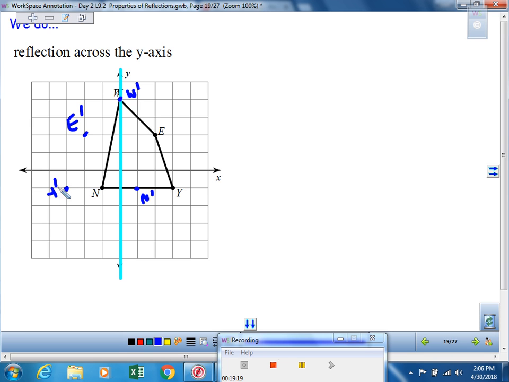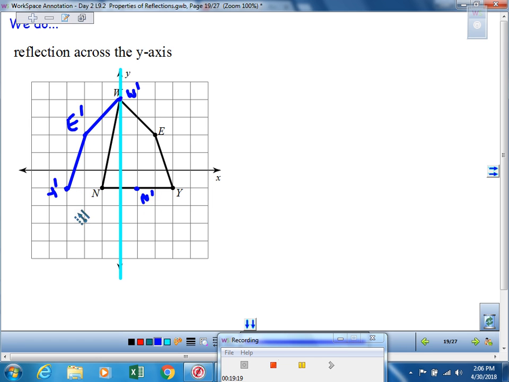Now, sometimes with overlapping, it's hard to see what points to connect. So just go like, it goes WE, so you go W prime, E prime, E to Y, so E prime to Y prime.